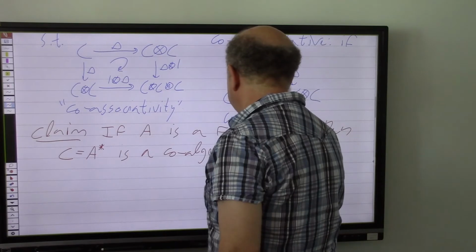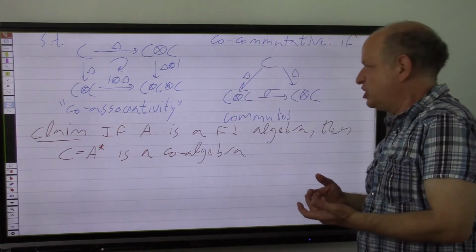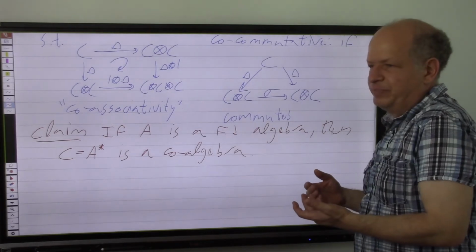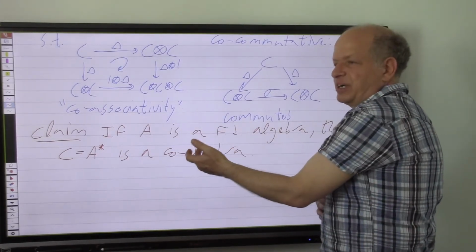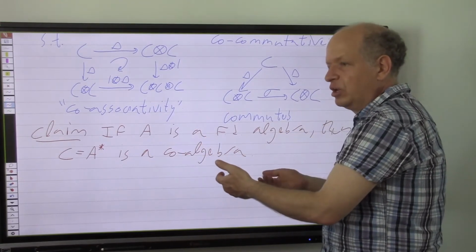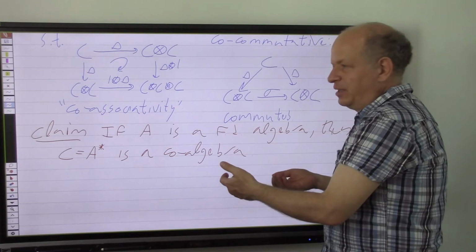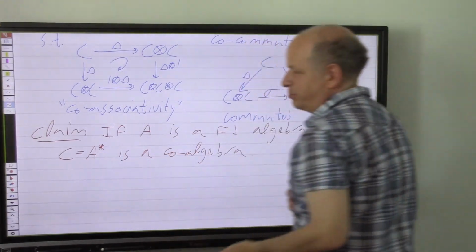And if you want, this basically motivates the definition. It says, suppose you know that something is an algebra, what structure is there on the dual of that something? And the answer is, the dual is a co-algebra.